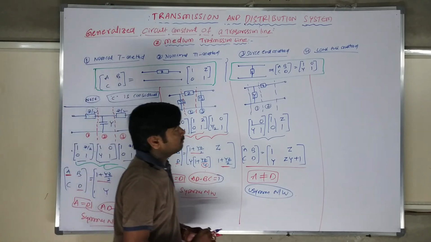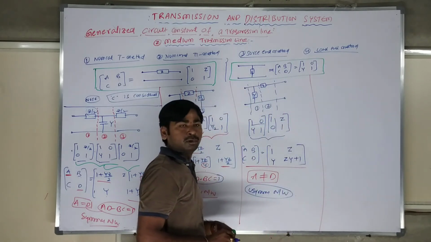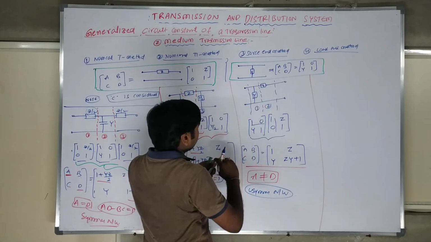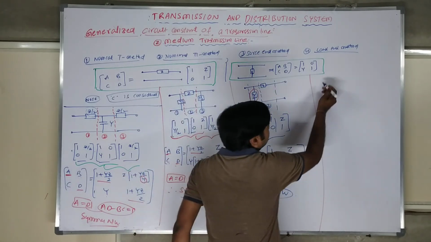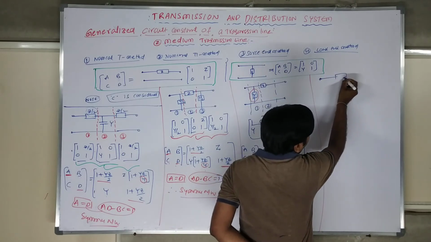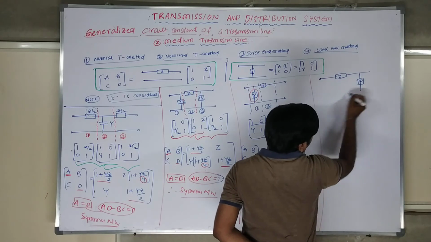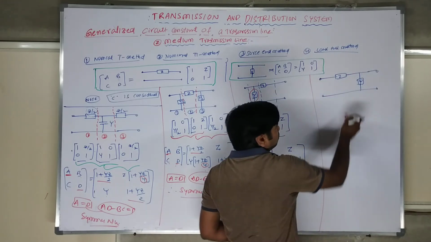Now switch to the fourth method, the load end method. It's very simple. In the previous case, the capacitance is located at the source side; here we go for the load side. The same concept is implemented here: impedance followed by admittance.